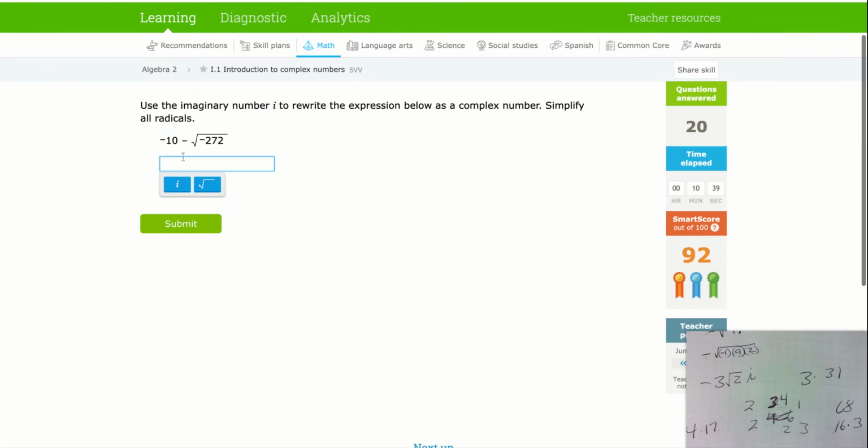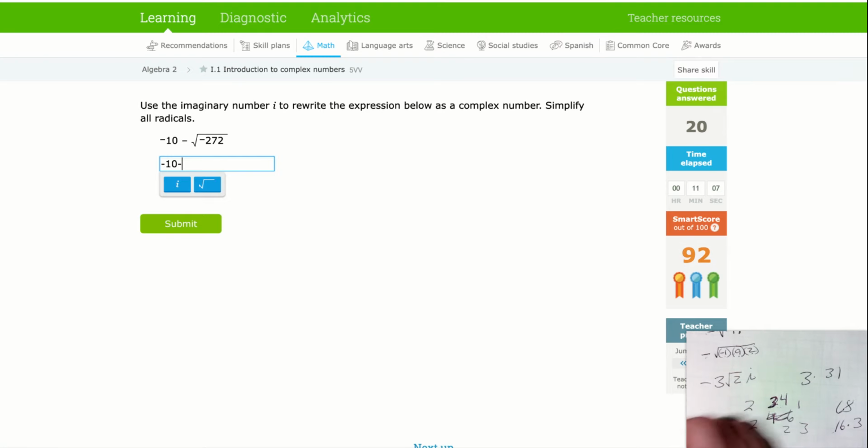Negative 10 minus, again, square root of 272. Well, it's divisible by 2 for sure, which is 136. 136, so that would be 272.